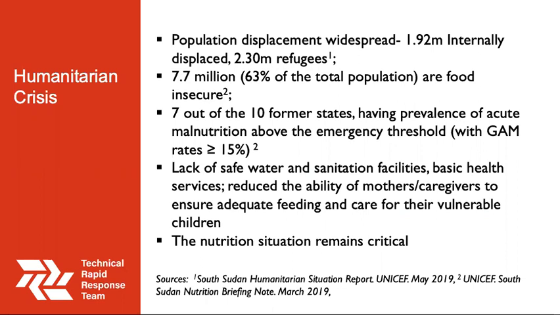Because of the conflict and displacement, and as most of the population in South Sudan live on agriculture and in rural areas, and most of these people were displaced, there were few people doing cultivation because of the insecurity. It was estimated that 7.7 million people were food insecure.